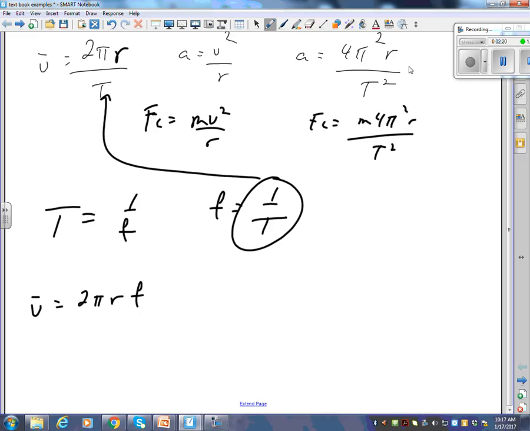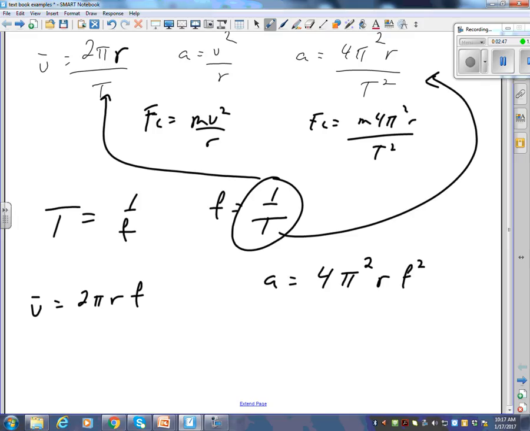Okay, so can I do the same thing over here? With 4 pi squared r over t squared, can I take this and plug it in? And the answer is yes. I'm going to get 4 pi squared r, and f is equal to 1 over t, so this is t squared, f squared: 4 pi squared r f squared.